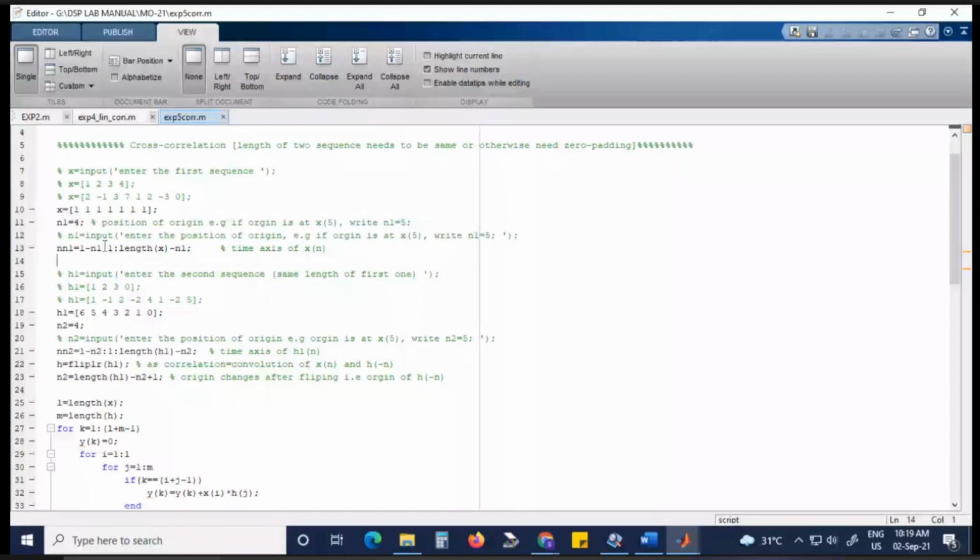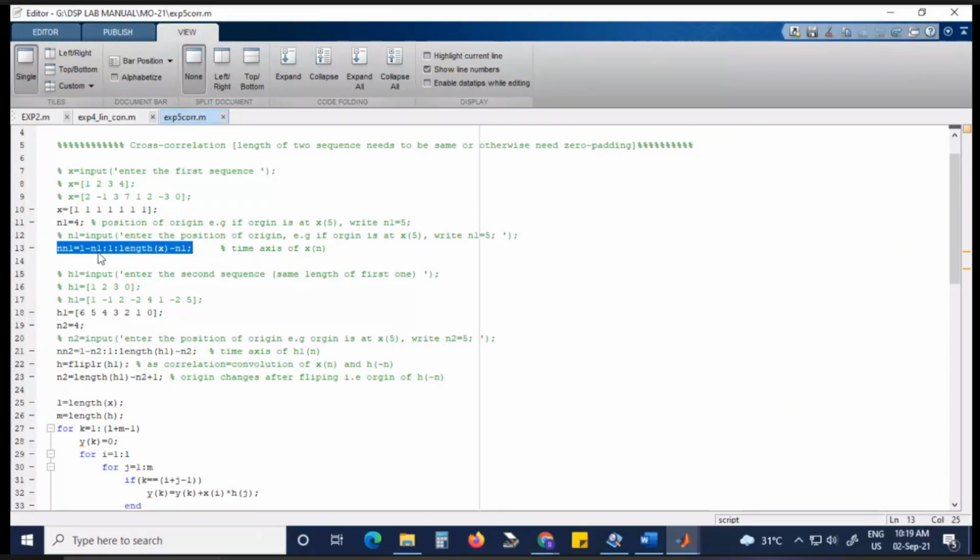Then the next thing I have done is define the time axis of x of n. I have made the time axis considering the origin. For that, I have considered the length of x. You can see the command length of x. Then it starts from n1, so n1 is equal to 4.